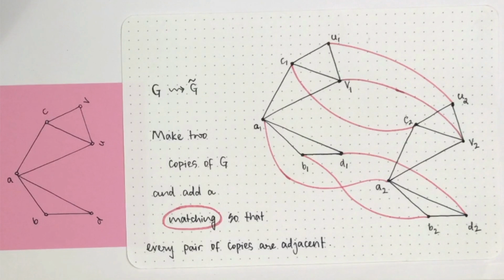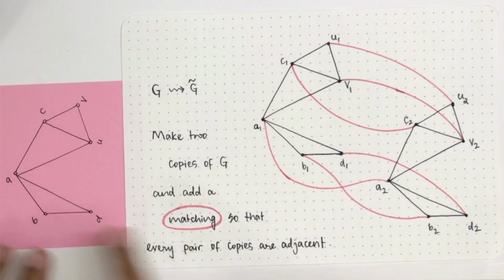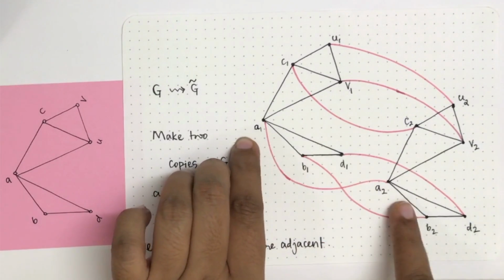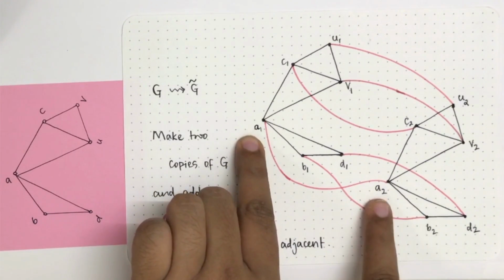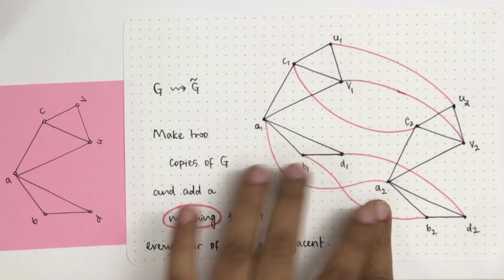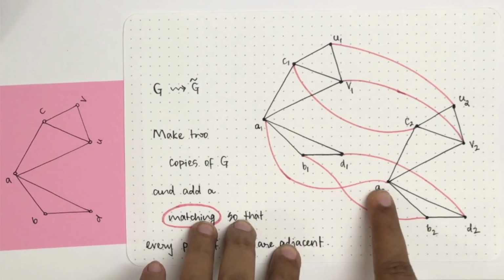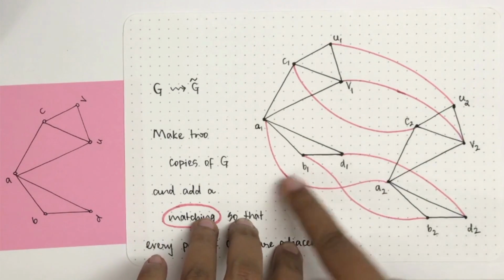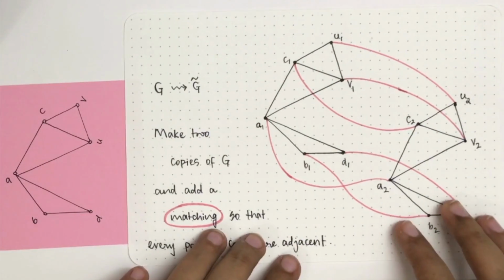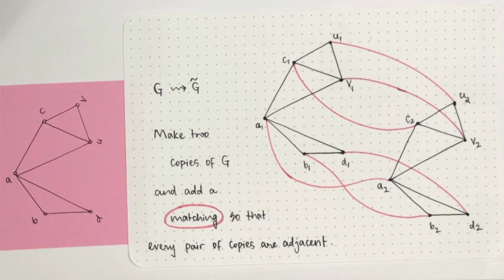And the way the matching is designed is that it's going to add an edge between two copies of any original vertex. So for instance, if you focus on the vertex A here, it's manifested twice, and we label them A1 and A2 just to keep track of where it came from. And now you have an edge that connects A1 to A2. And similarly for B and C and so on, all the remaining vertices.